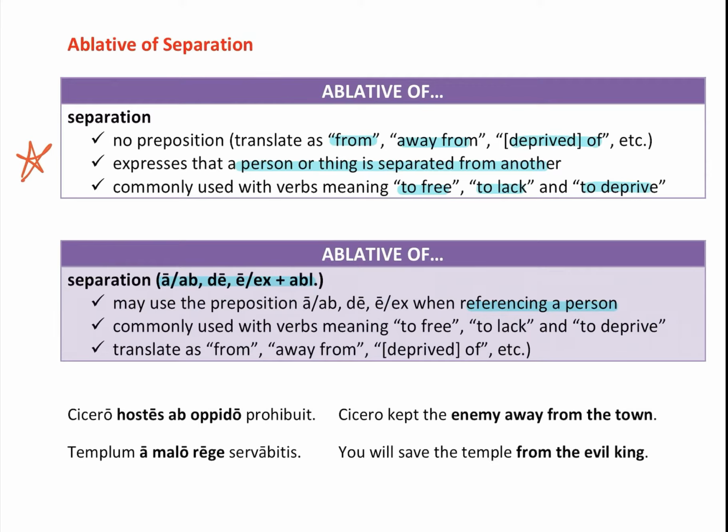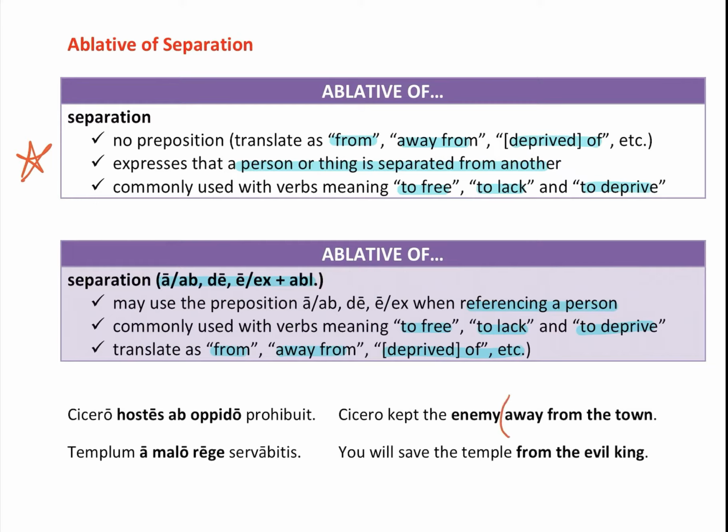And you translate it the same way: from, away from, deprived of. So it uses the same verbs as before, to free, to lack, and to deprive. The only difference is we're talking exclusively about a person and not about a thing. All right. So, Cicero hostes ab oppido prohibuit. Cicero kept the enemy away from the town.